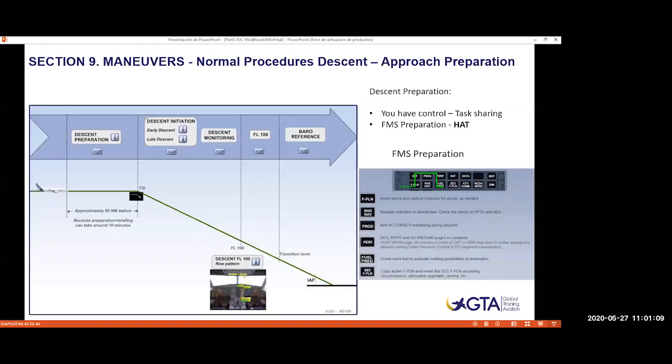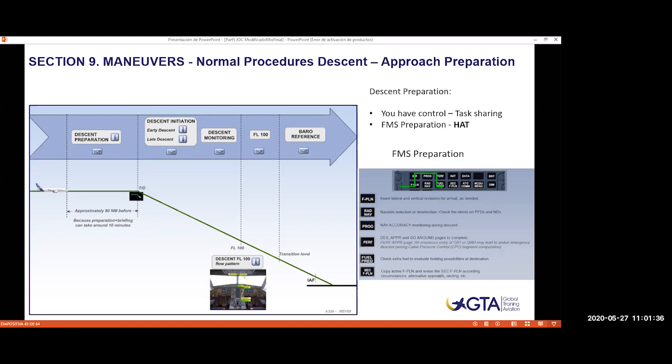This is on cruise. But if you remember, we already created a profile on the ground. On the ground, we already fulfilled a profile. We already introduced my departure airport, my arrival airport, my flight level, my gross weight, my fuel.